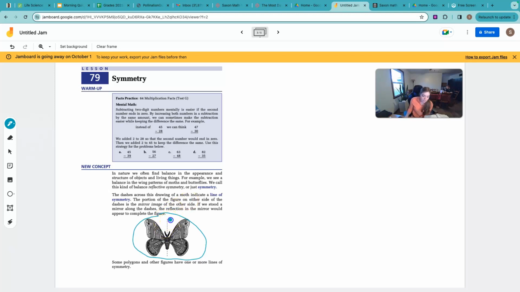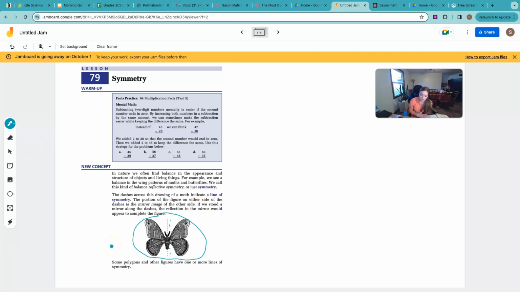So the dashes across this butterfly are called a line of symmetry. A line of symmetry is drawn to show at what point one side would be the mirror image of the other side, just like how you draw a line down the point where you could perfectly fold it over and the two sides would match.